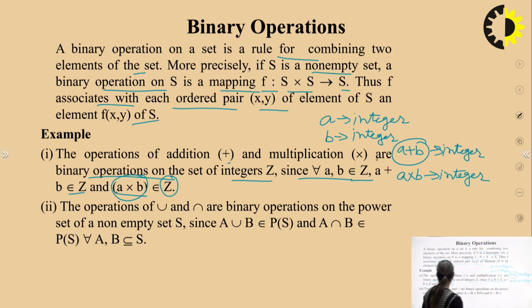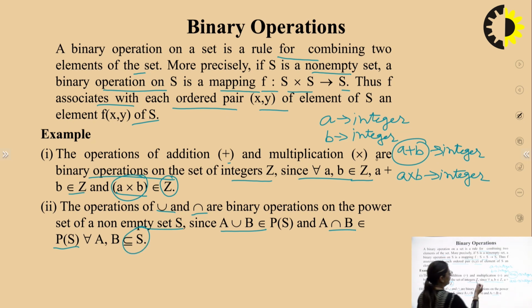Right? The operations union and intersection are binary operations on the power set of a non-empty set S. Since A union B belongs to the power set and A intersection B also belongs to the power set, A and B are the subsets of S, right?